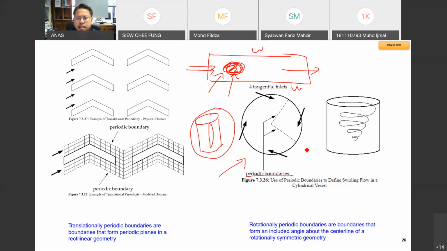Instead of just one boundary for the main domain, you are going to have two separate domains: the rotational area, and the outer region, your static domain. So you have to put some extra parameters to define these boundaries.